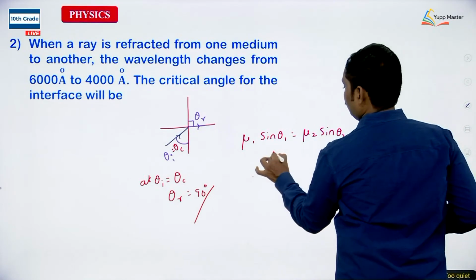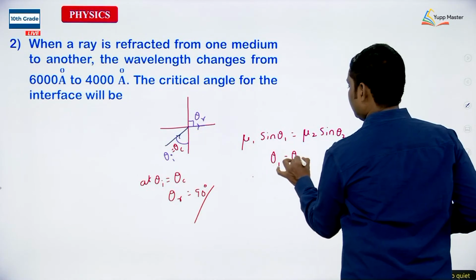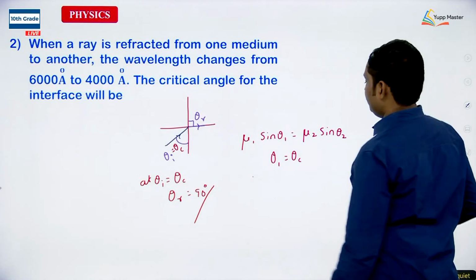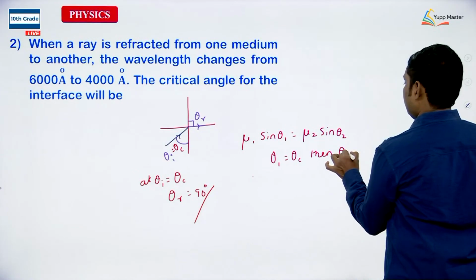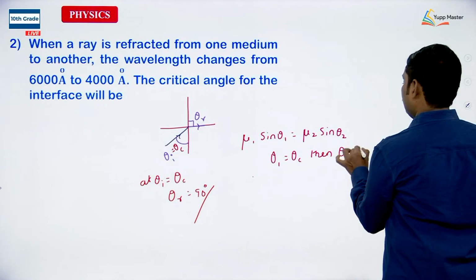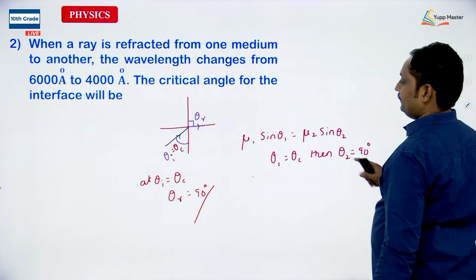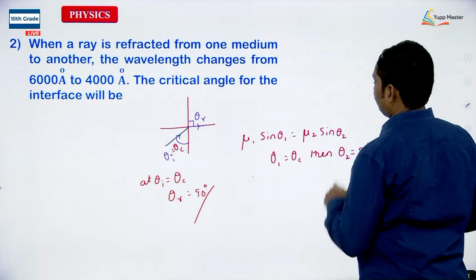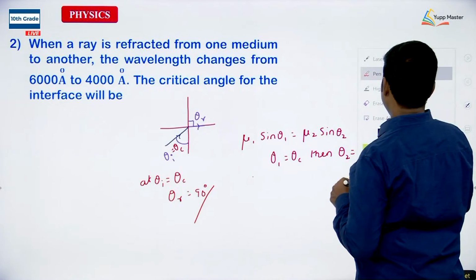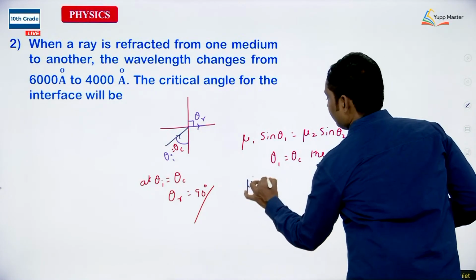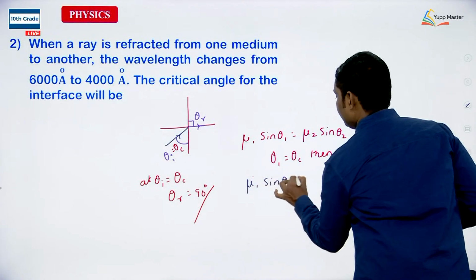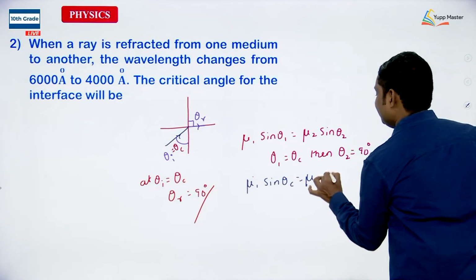So theta 1 is equal to theta C, then theta 2 is equal to 90 degrees, which is nothing but theta R. Therefore, mu 1 sin theta C is equal to mu 2 sin 90 degrees.